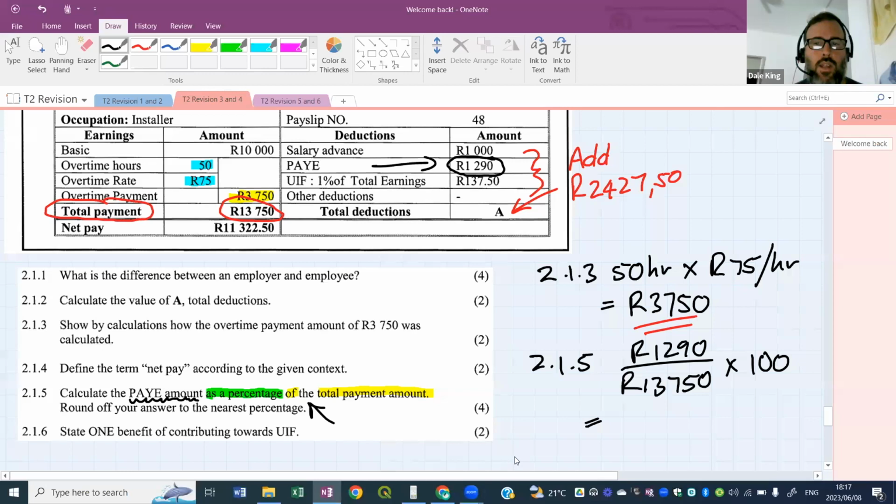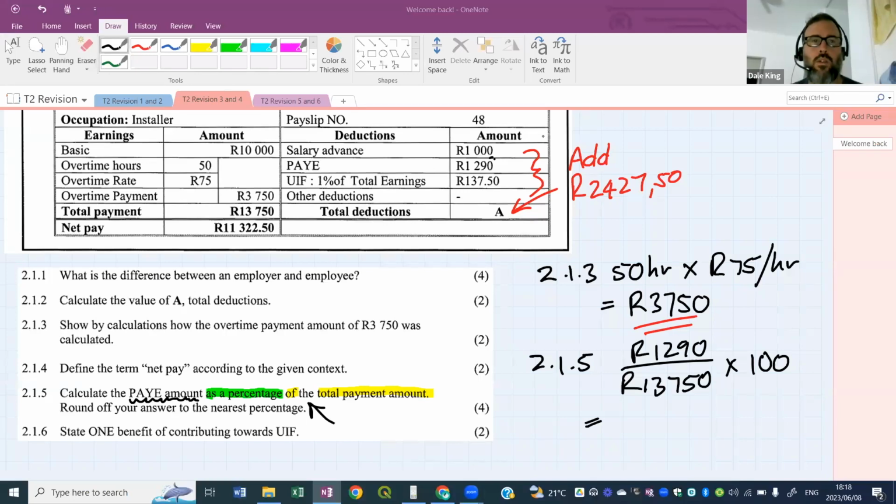Okay, I'm going to leave it there. You guys are going to tell me what the answer is. You guys should be doing this together with me, working on your calculators. All right, we're getting 9.38. You guys should do it on your calculator and get the same thing.